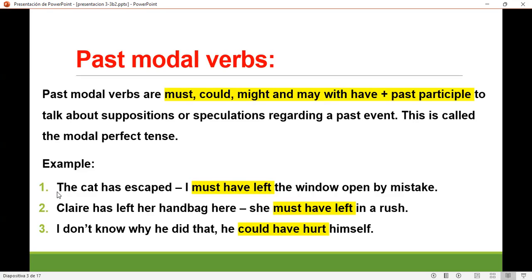So example number 1, can you read it please? Christopher? The cat has escaped. I must have left the window open by mistake. Okay, very good. I must have left. Yo debí haber dejado.